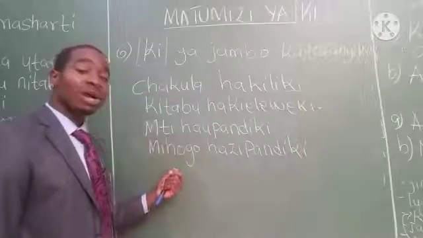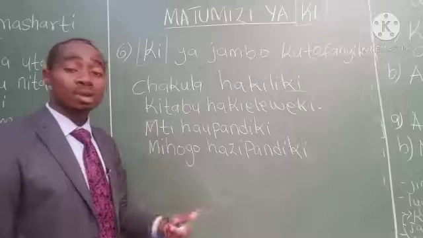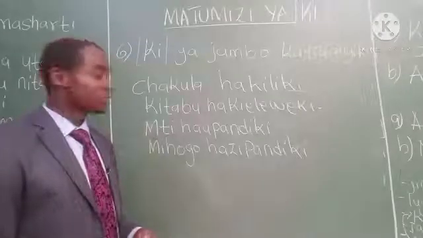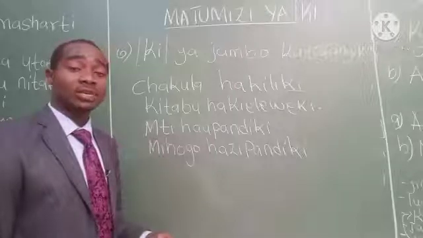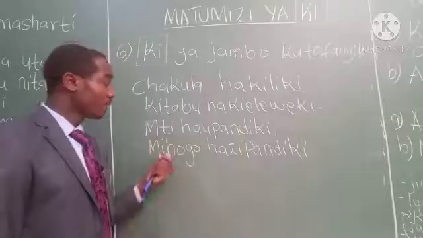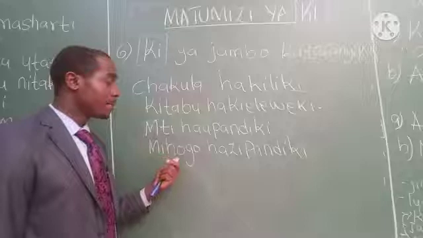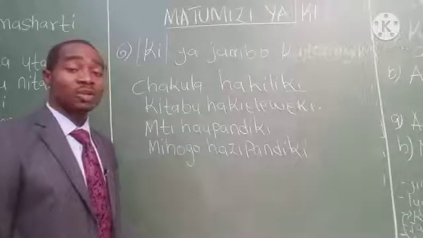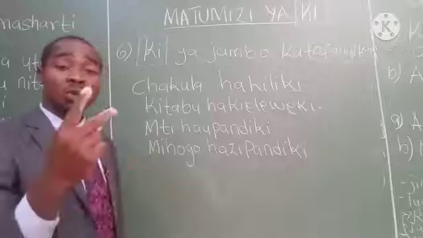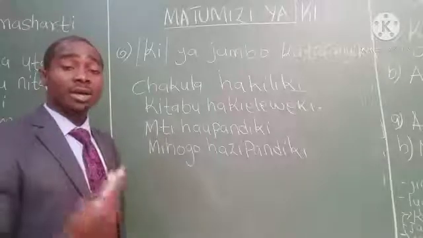The cassava are not plantable. See, don't confuse. Panda, it means to climb or to plant. Then pandika, to be climbable or to be plantable. This word panda has two meanings. Panda, climb.